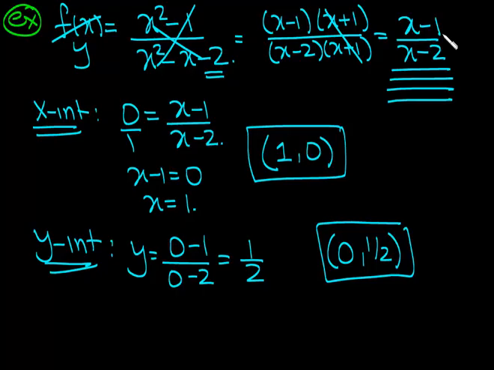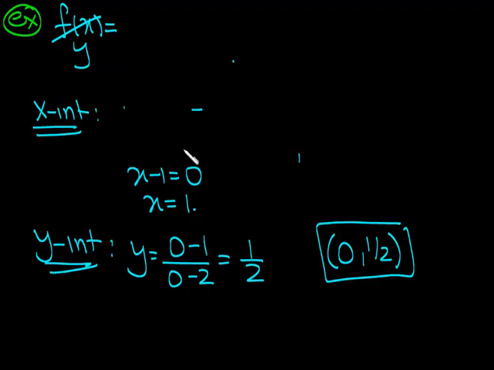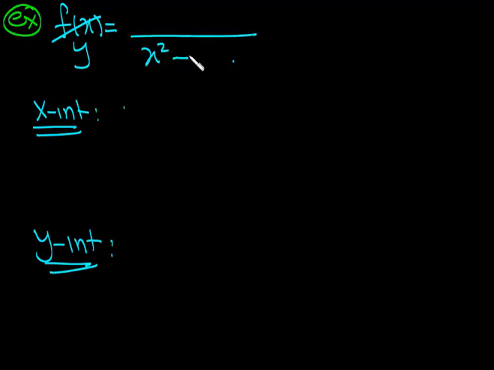Alright, so let's go ahead. Actually, I'm going to go ahead and change the problem a little bit. That way we get something different than what we've been working with. Okay, it's still going to be the same. So I'll do this. I have x squared minus x minus 2 on the bottom, and on the top I'll have 2x squared minus 4x.